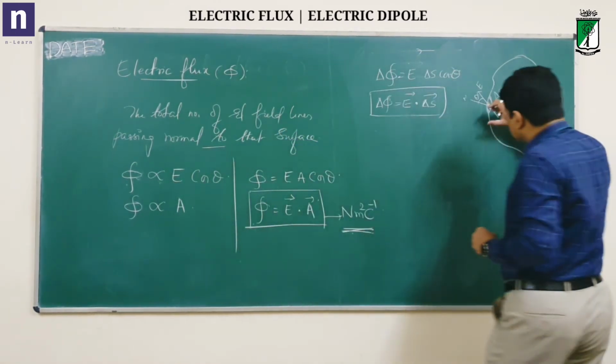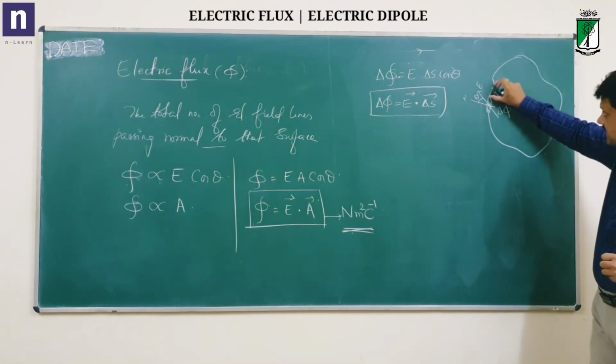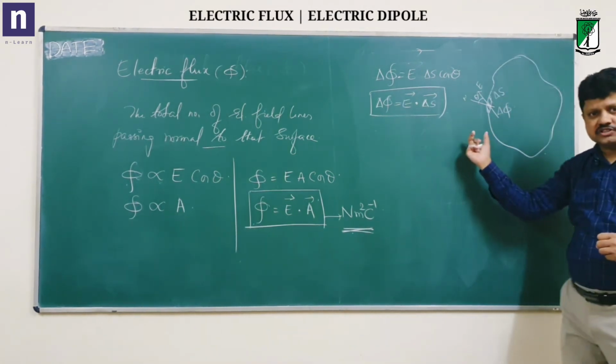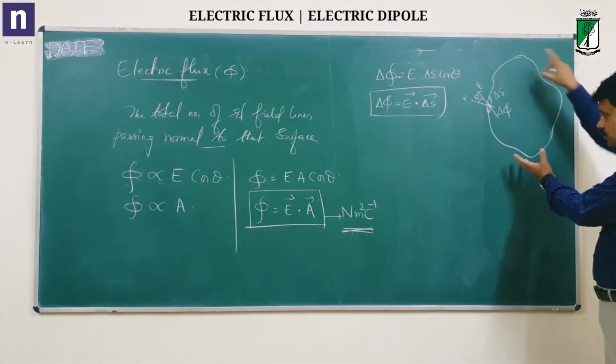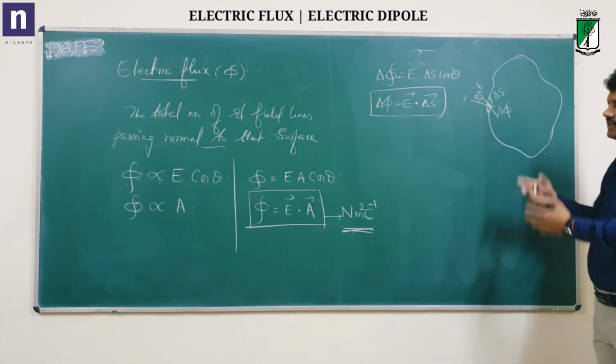Then you will have to consider a number of these tiny plane surfaces, find the flux through each surface, then add up all those flux values to get the total flux.